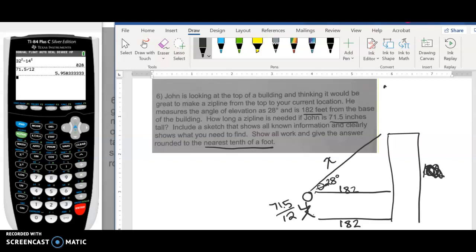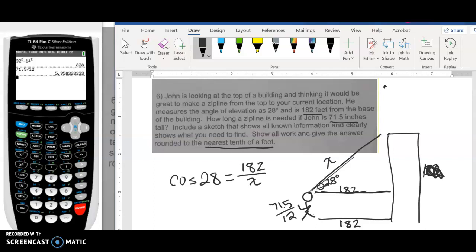From there, it's going to be adjacent over hypotenuse. So adjacent over hypotenuse is cosine of 28 degrees is adjacent over hypotenuse, which is our zip line.